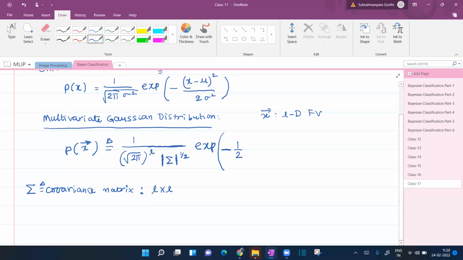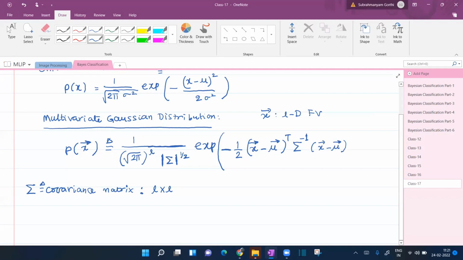So minus 1 by 2 is anyway what I'm writing there. I am writing here x bar minus mu bar whole transpose into covariance matrix inverse into x bar minus mu bar.